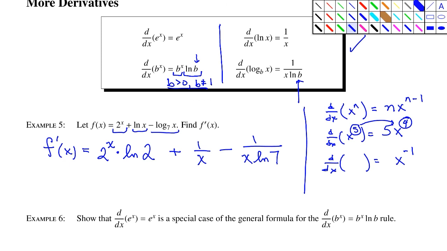Well, by the power rule, it should have been x to the 0, because 0 minus 1 is negative 1. But that doesn't make any sense because x to the 0 is just 1, and the derivative of a constant is always 0. So up until now, there was no way to get a derivative that had x to the negative 1 power, which is, if you rewrite it, 1 over x. Well, now we know where that gap is and where it gets filled.